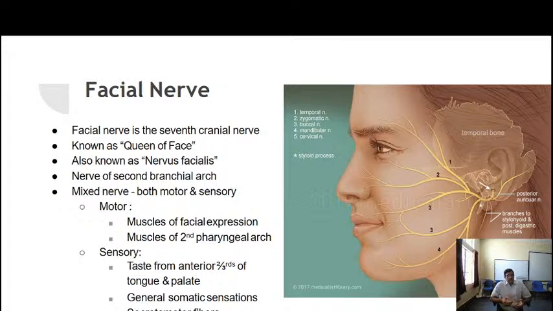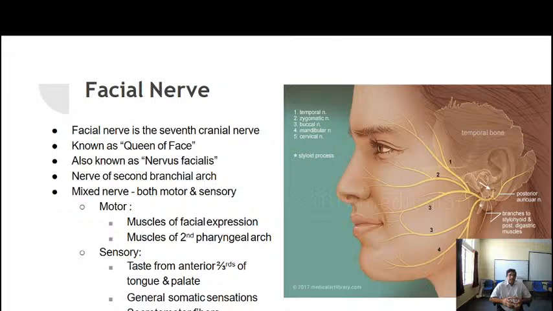Now, in each arch there are some nerves related to that, some bones, and also some muscles. If you take up the muscles of facial expression, along with that you have the posterior belly of the digastric, the stylohyoid muscle, and also the stapedius muscle.